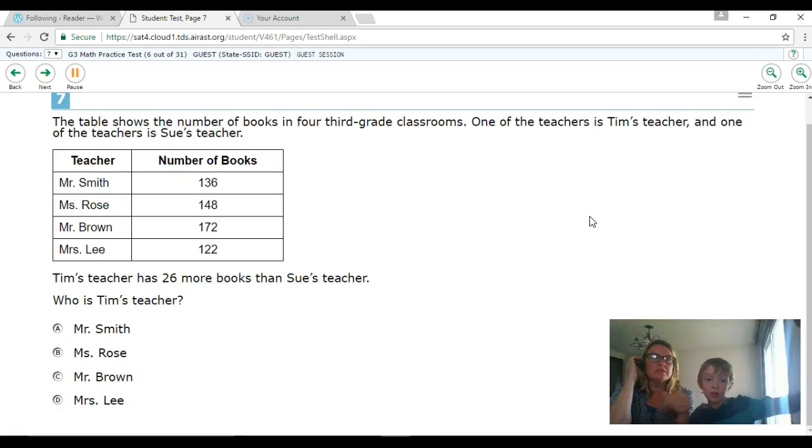Okay, so let's just talk about Mr. Smith and Miss Rose. Are there 26 more books in Miss Rose's class? How do you know? I know because it has to be in the 10s and 1s.